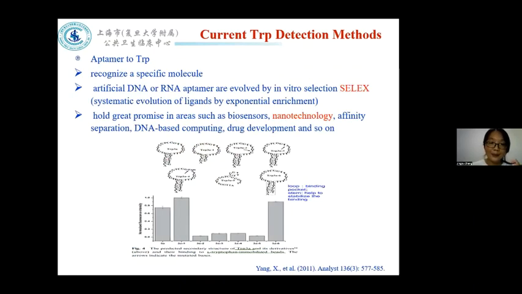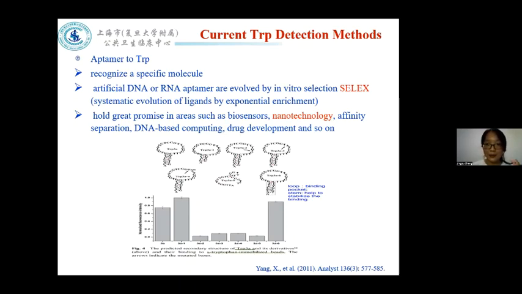Anyway, it is interesting to know that an aptamer to tryptophan has been developed. Such an aptamer holds great promise in areas such as biosensors and nanotechnology.